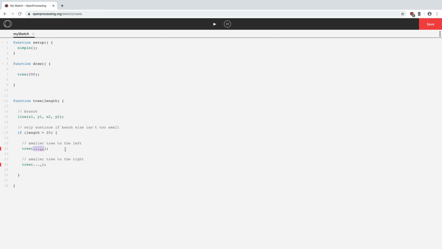When we call the new tree, we need to make it smaller. That means the length that we're passing it has to be smaller. That's similar to what we were doing before with the circles. So let's see. It has to be called with, we could half it.